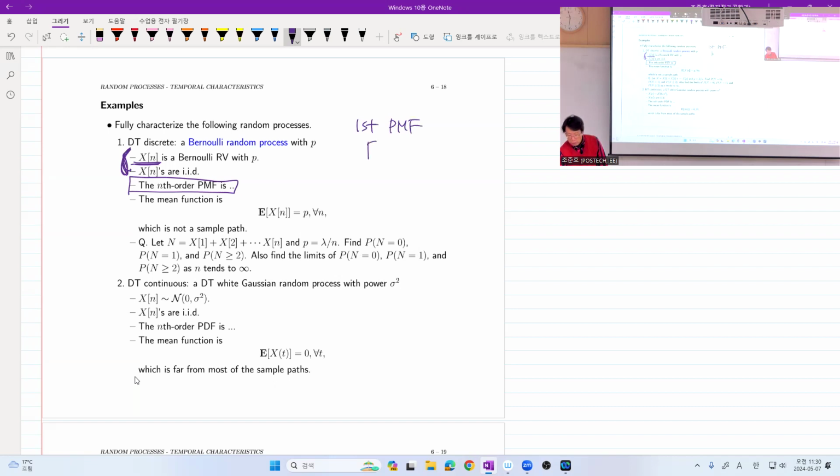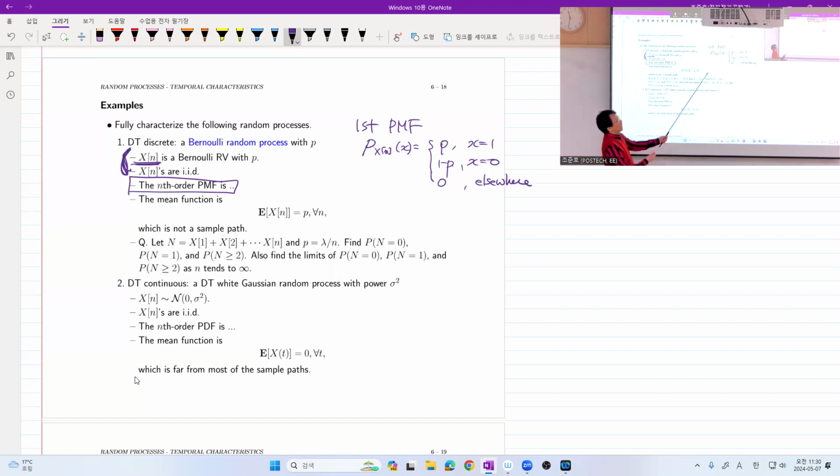The first order probability of X[n] at x equals... So this is the probability mass function, lowercase p subscript X[n] of x.